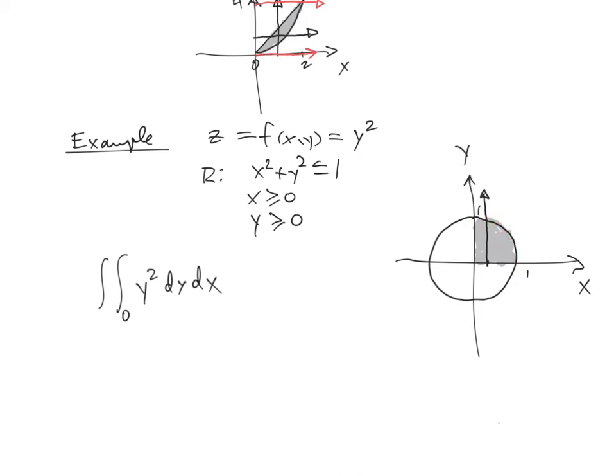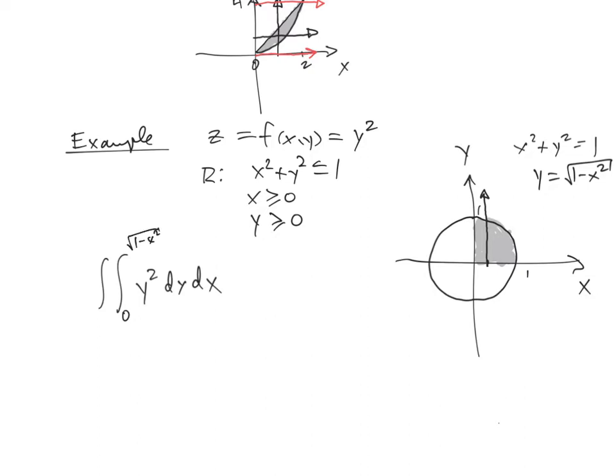This is x squared plus y squared equal to 1. Solve that for y. y is equal to plus or minus the square root of 1 minus x squared. I'm going to choose positive because y is always positive in this region of integration. So my y max is going to be the square root of 1 minus x squared.